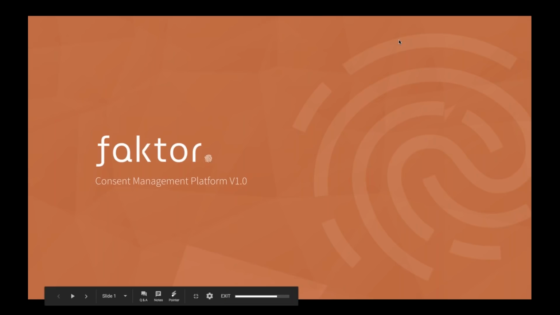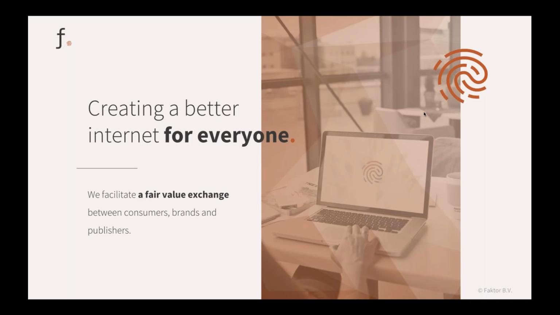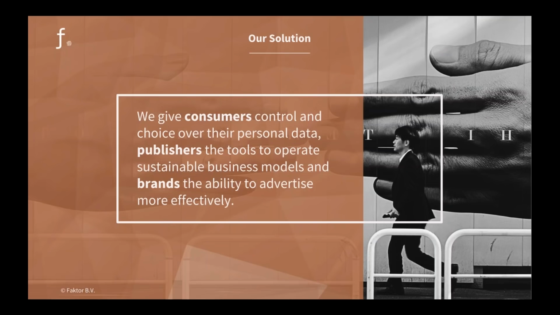So we're actually launching a set of different products around the CMP. We're providing tools for publishers and site owners to scan their site for which vendors are present on their site. We provide a consent management tool aligned with the TCF to basically give users control over their data, and provide a tool to publishers.